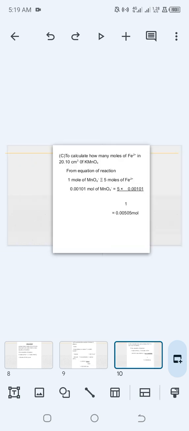Let's go to the C part. To calculate how many moles of Fe²⁺ in 20.10 cm³ of KMnO4, from the equation, 1 mole of MnO4⁻ is equivalent to 5 moles of Fe²⁺. Now, they said in 20.10 cm³.